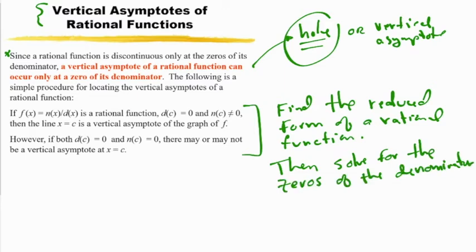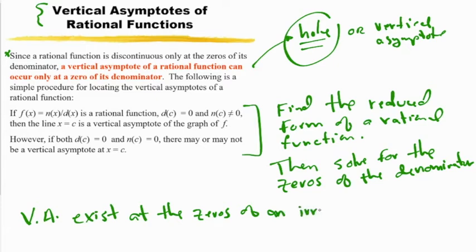Another way that a textbook might communicate this is they say that vertical asymptotes exist at the zeros of an irreducible rational function. Let me fix that. Vertical asymptotes exist at the denominator zeros of an irreducible rational function.